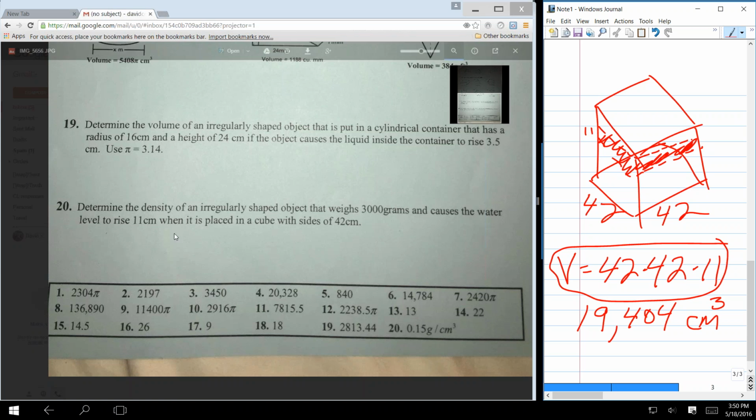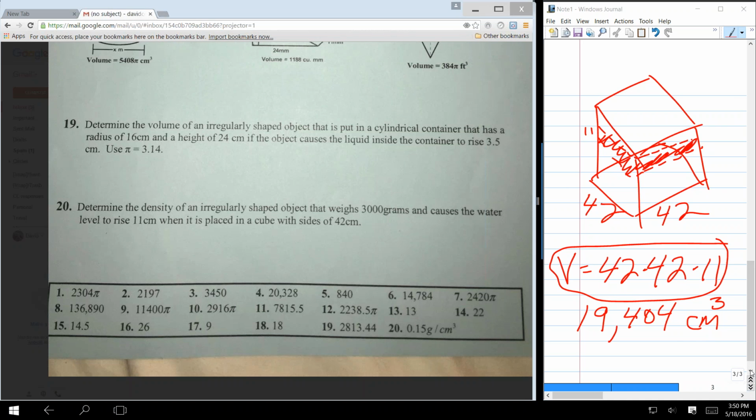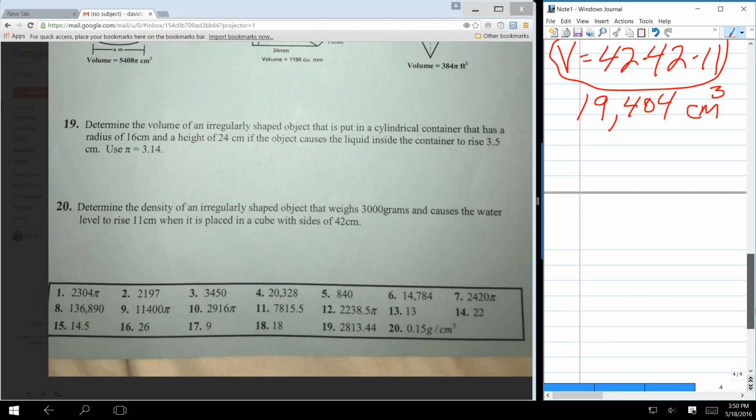Okay. Now, if we want to find the density of the object, it weighs 3,000 grams. So, density is usually in weight per cubic something. So my answer I want to be in grams per cubic centimeters.